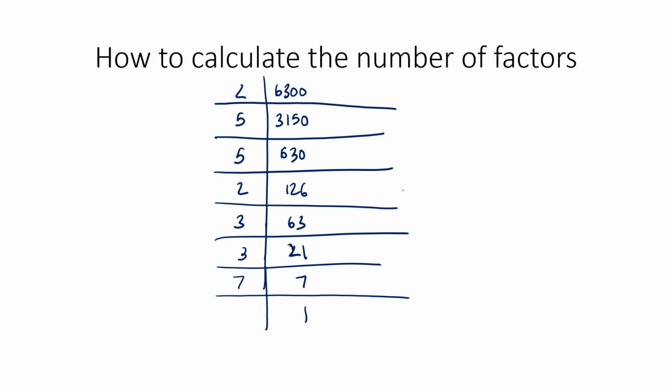Now, let's write all of this in the exponent form, the power form. I can see I have 2 2's, so that's going to be 2 to the power 2 times, I have 2 5's, so 5 to the power 2 times 2 3's, which would be 3 to the power 2.